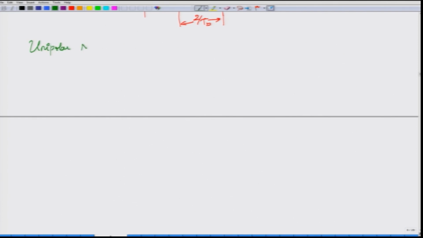In the unipolar NRZ, I am not going to derive the power spectral density in this particular case. Remember, for the unipolar format, symbol 1 is a pulse of +1 amplitude, and symbol 0 is 0. You are not sending anything, and the polarity of this pulse is always single. That is why it is a unipolar format. The power spectral density of the unipolar NRZ format turns out to be TB by 4 sinc squared(F TB), times 1 plus delta F by TB.